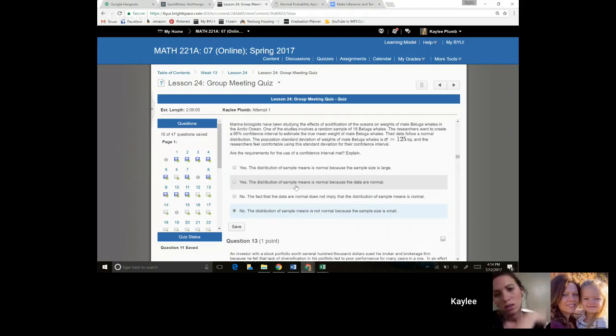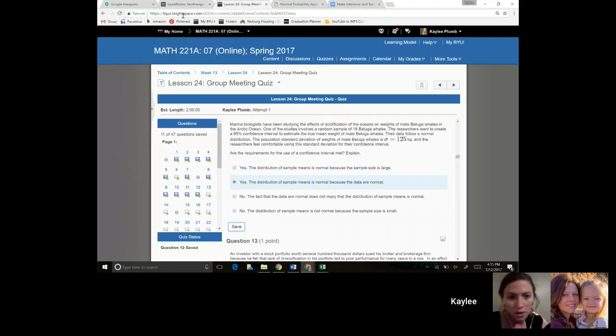I put the first one, so evidently that's not right. Because the sample size is large. It's not large, is it? No, because it's only 16. Oh, 16. Maybe you just accidentally clicked the wrong one. Then okay, so the last one looks like the distribution of the sample mean is not like the sample size. So the population.